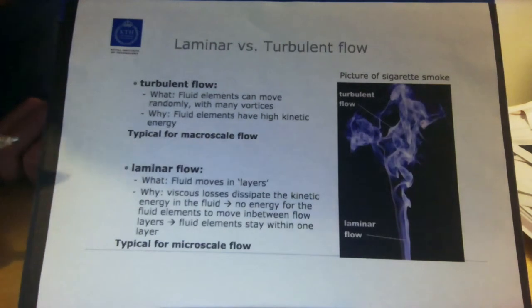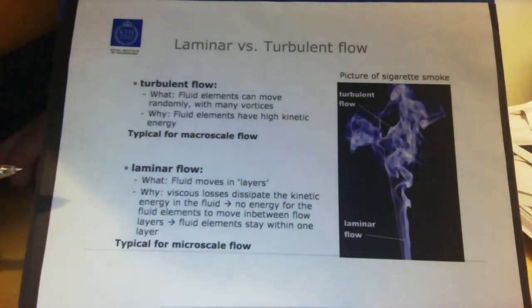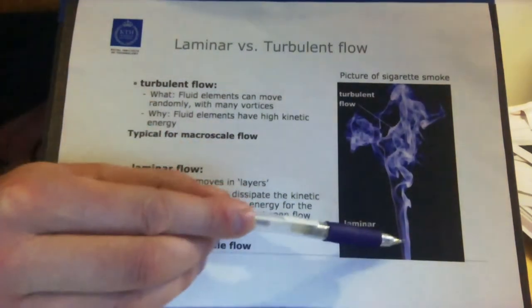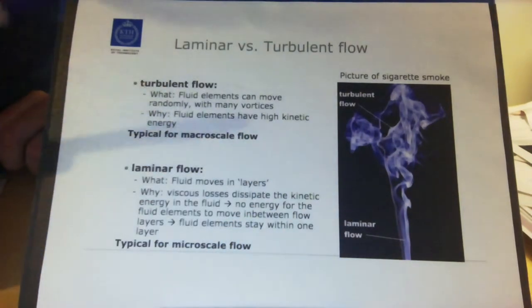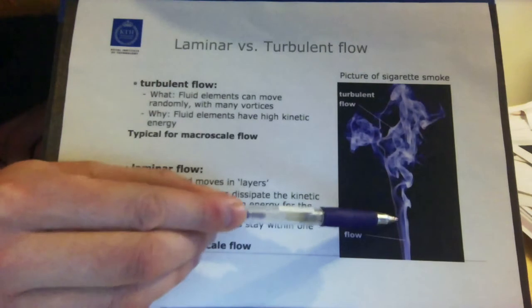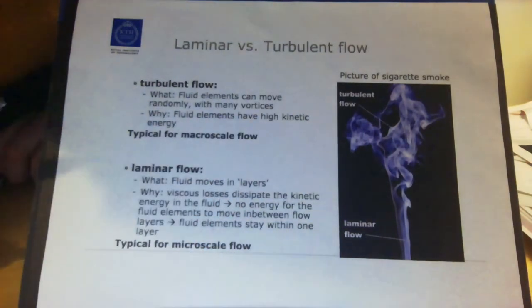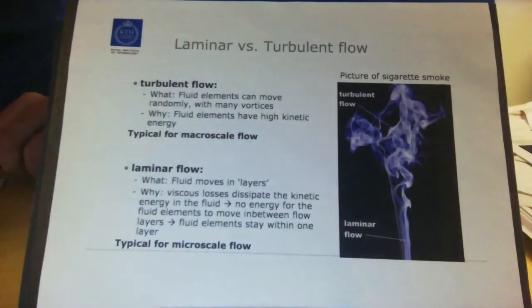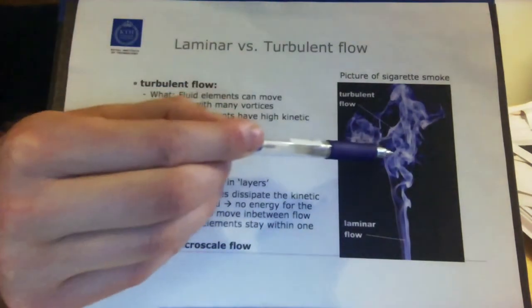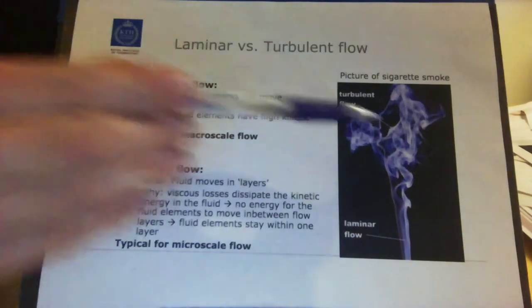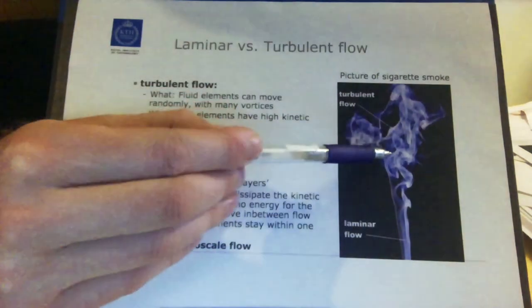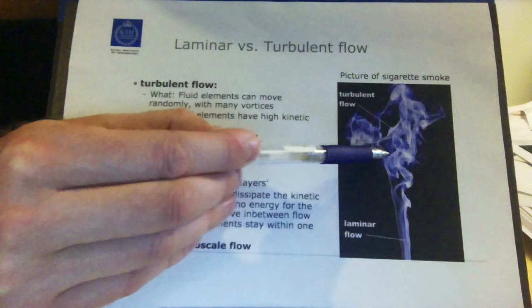Now what is turbulent flow then? In turbulent flow, the fluid elements start in one layer, but they don't remain in one layer. The difference is that the fluid elements in one layer can have enough energy to move from one layer to the next layer. When they do so, for example a fluid element from a rapid stream going to a slower moving stream, they transport kinetic energy from the rapid stream to the slow stream.